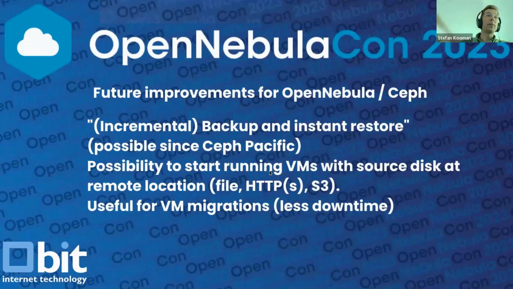And then if you want to restore, for example, for disaster recovery, you can instantly start the virtual machine, the same as with the disk live migration feature, and then slowly copy the data over from the external source, which can be an HTTP file or S3 bucket. So this would be really useful for disaster recovery scenarios.